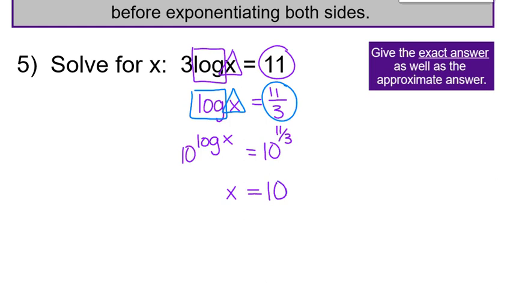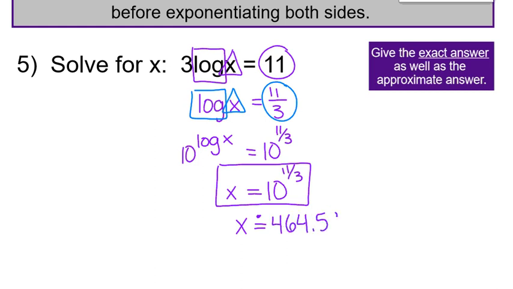So x equals 10 to the 11/3. That's our exact answer. And if we plug that in the calculator, we will get something like 4,641.59 as the approximate answer.